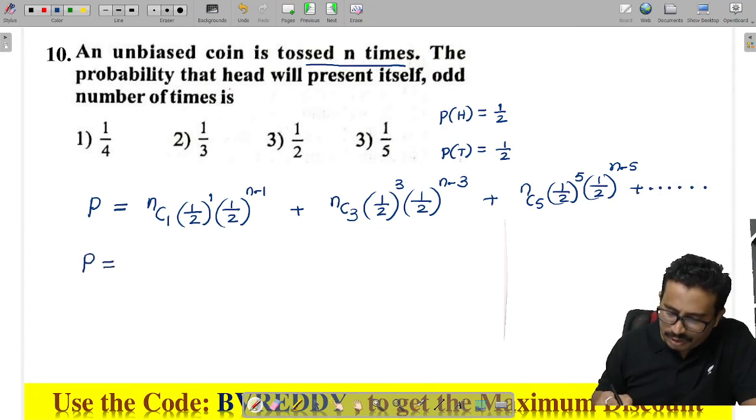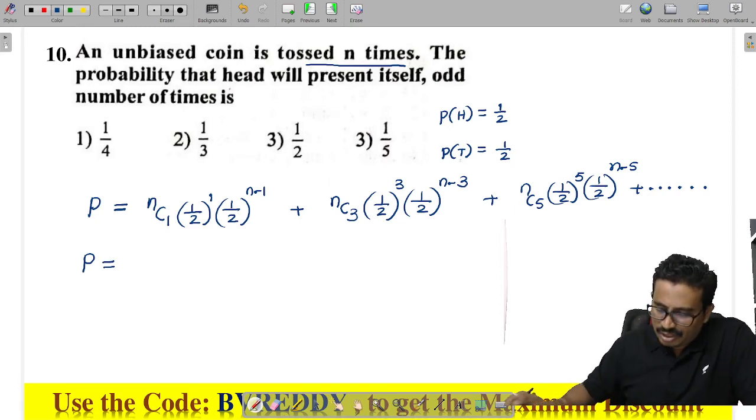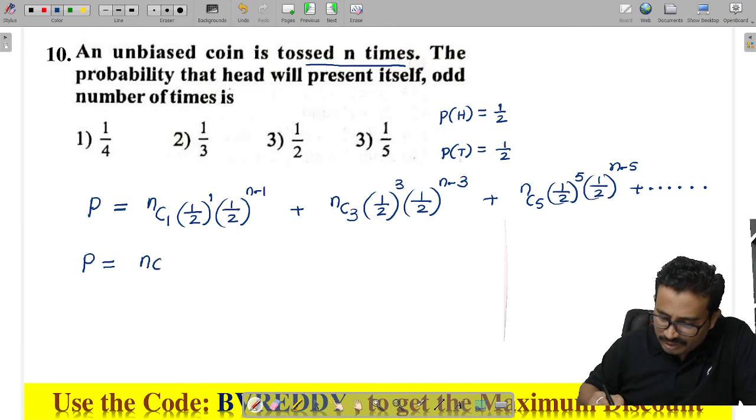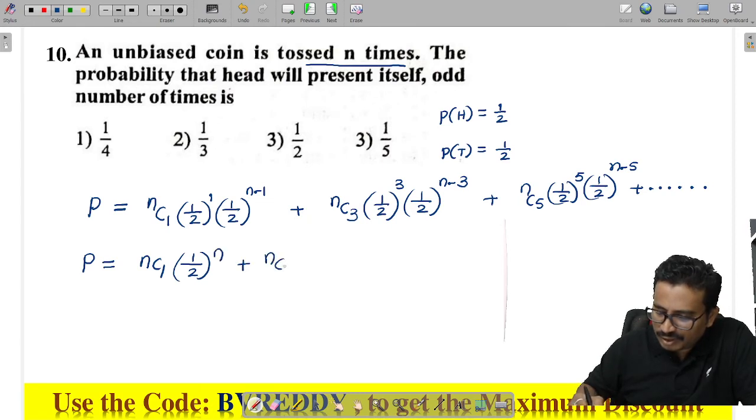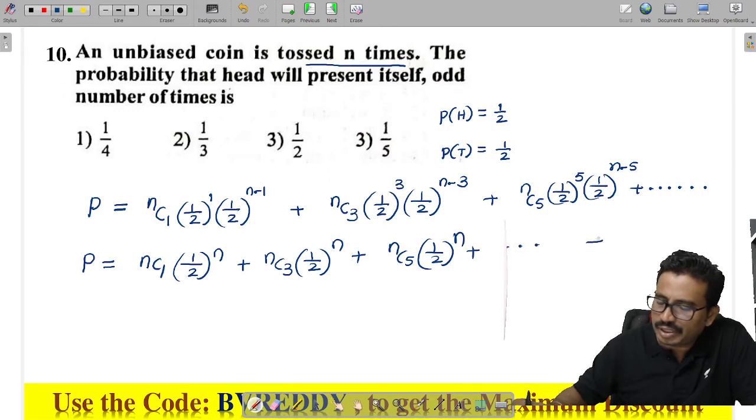Now if we observe carefully, n times, nCn, like that. This is nothing but nC1 into 1 by 2 to the power n plus nC3 into 1 by 2 to the power n and nC5 into 1 by 2 to the power n. Like that it will continue. The last term will be nCn into 1 by 2 to the power n.